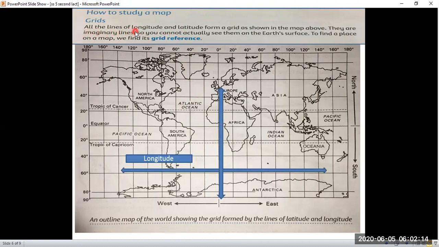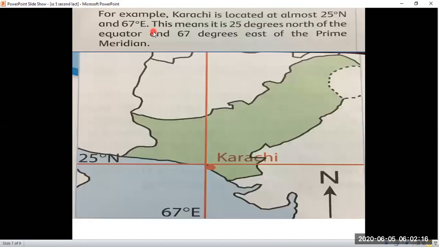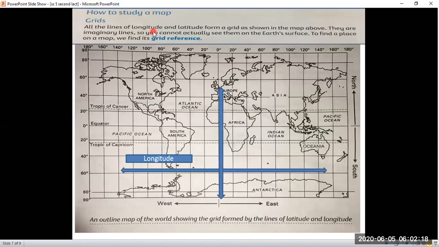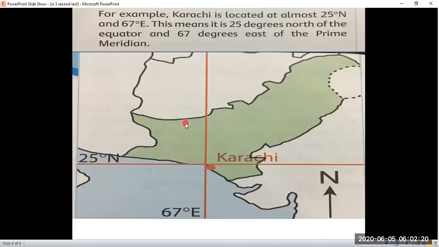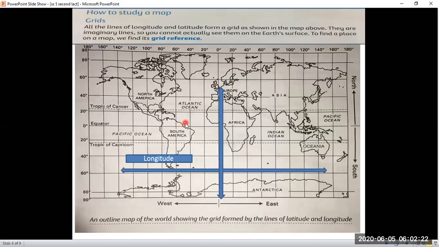As the lines of longitude and latitude form a grid as shown in the map above, they are imaginary lines, so you cannot actually see them on the earth's surface.